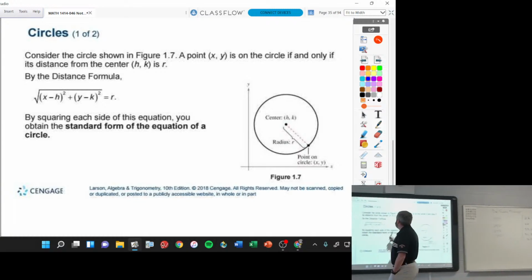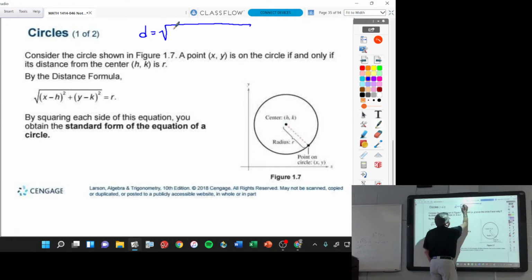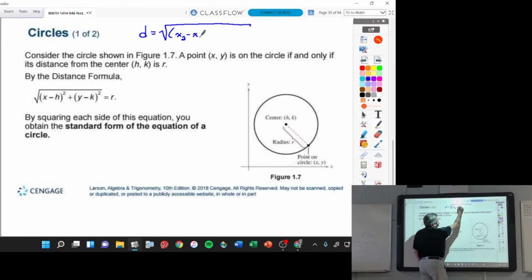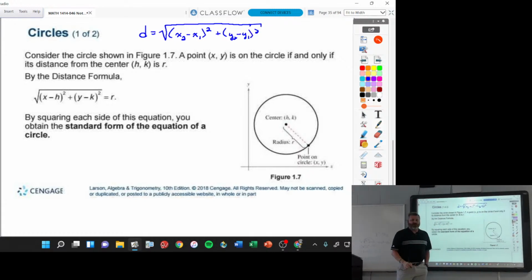And if you'll notice, the distance formula, which I'm sure you've seen in the past, is equal to the square root of the difference of the x values squared plus the difference of the y values squared. And that's the distance formula.